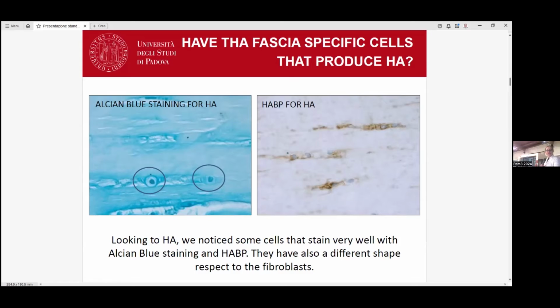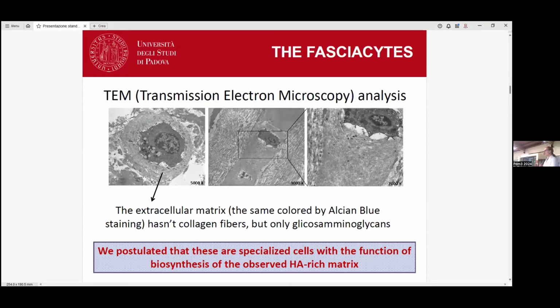And we stained those cells with Alcian blue, with the HABP, and we see that all around they have like a ring of hyaluronan. We analyzed them also with electron microscopy, and you can see that in the extracellular matrix of the fasciacytes, we have a lot of hyaluronan.